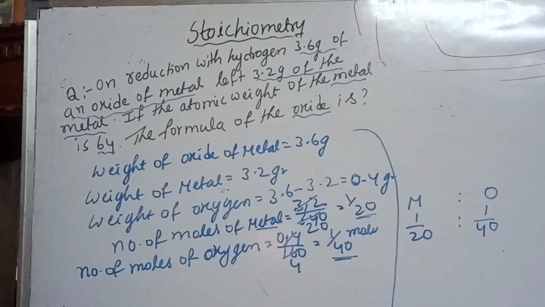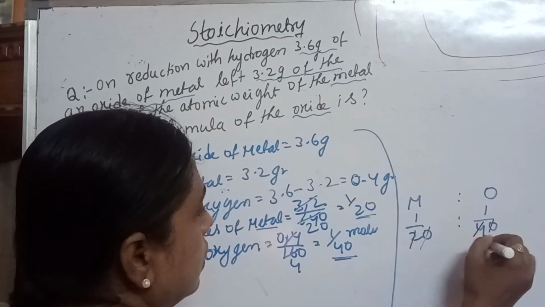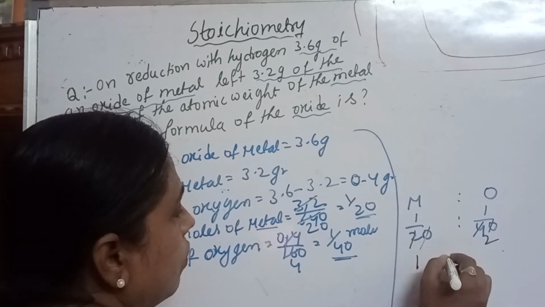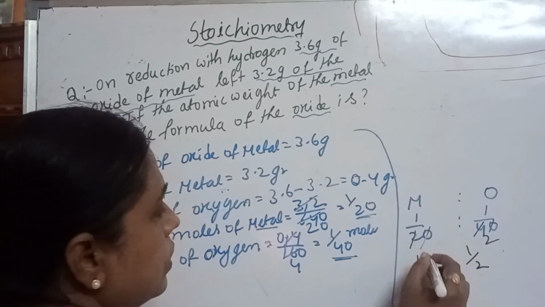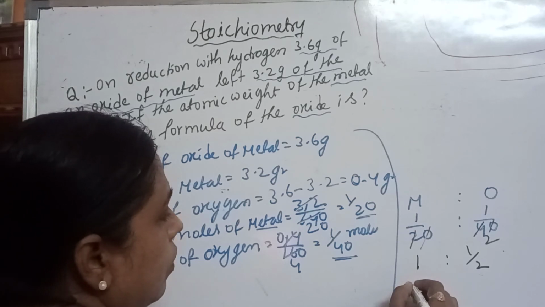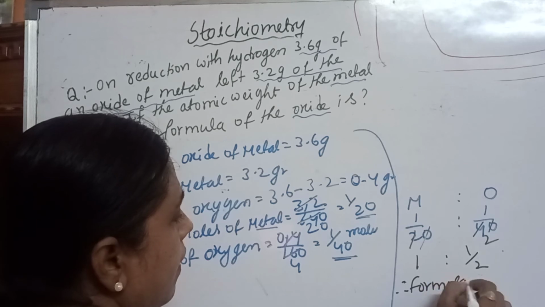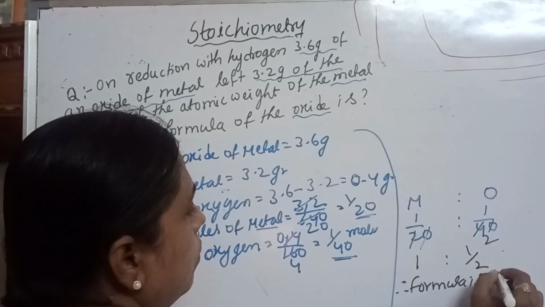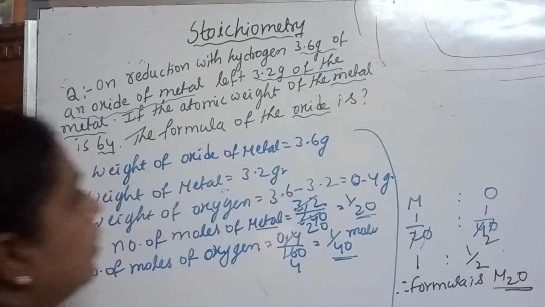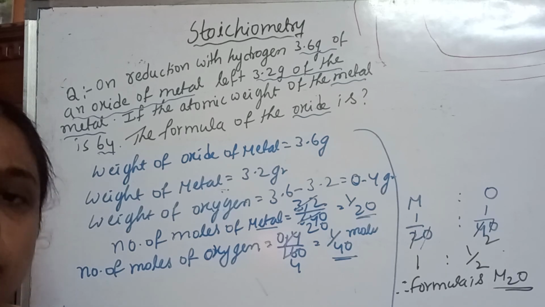The zeros cancel, then 2 and 2, so we get 1 is to 1 by 2. With cross multiplication, the formula is M2O. So this is one more type of calculation, one more model.